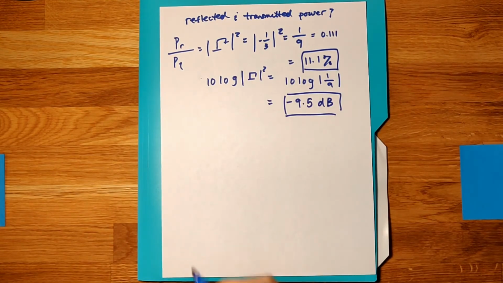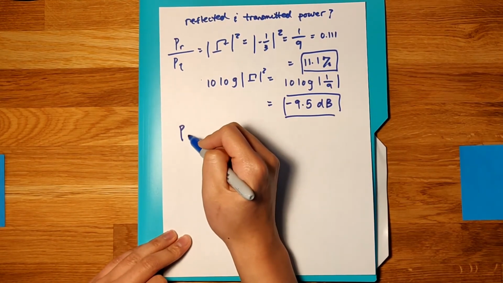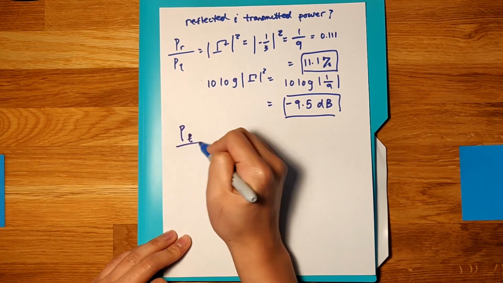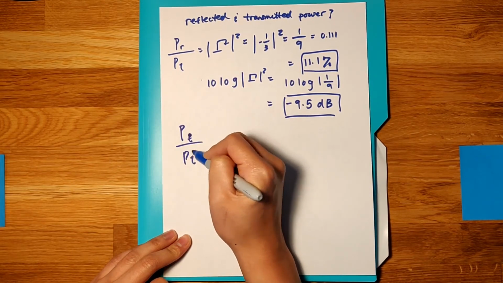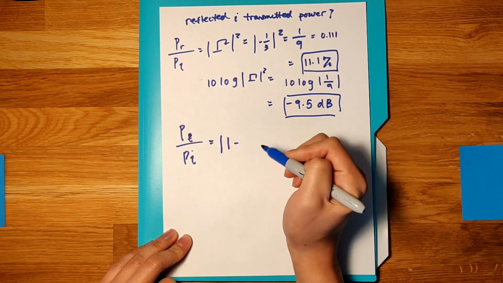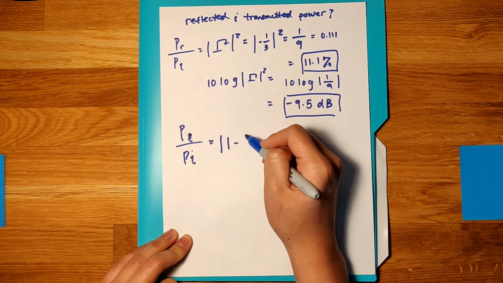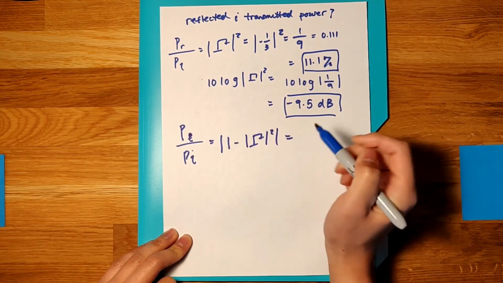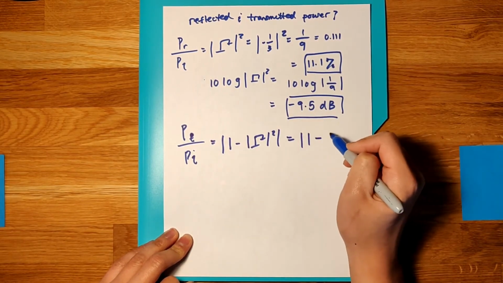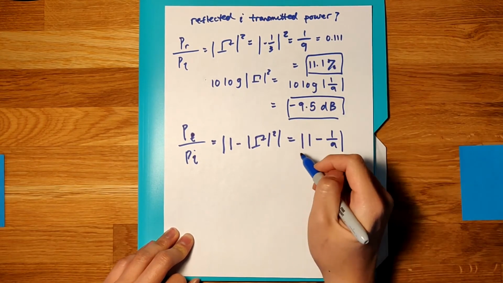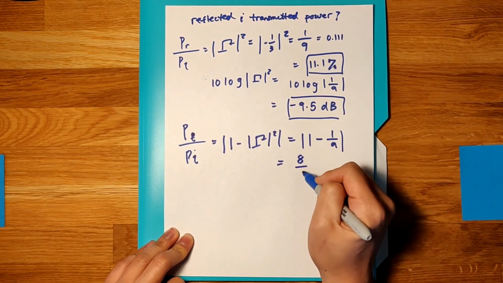Now finding the transmitted power, which is PT over PI, is just equal to 1 minus gamma squared, which is just going to be 1 minus 1/9, because you solved it right here, will simply be 8/9.